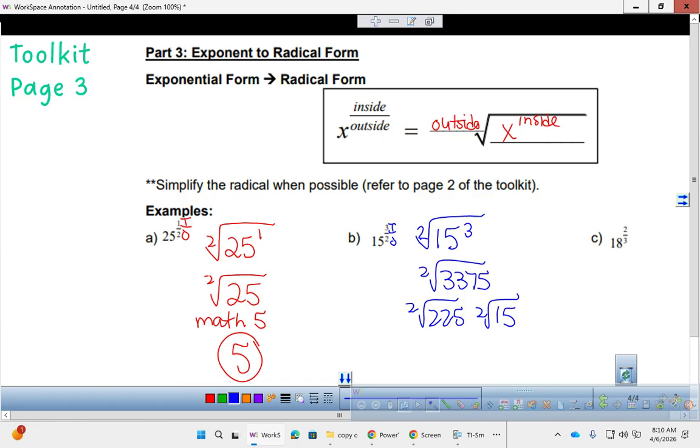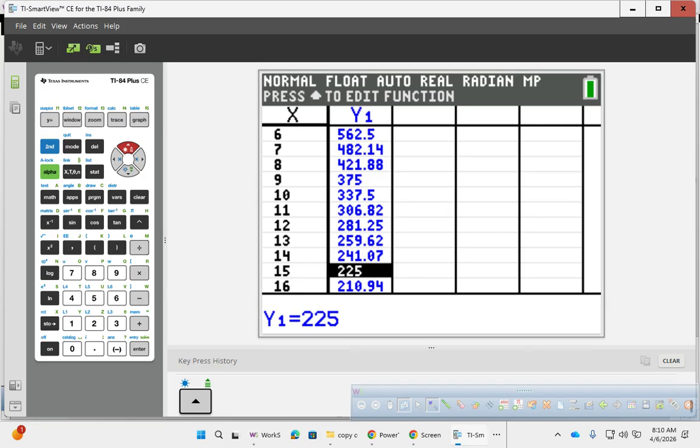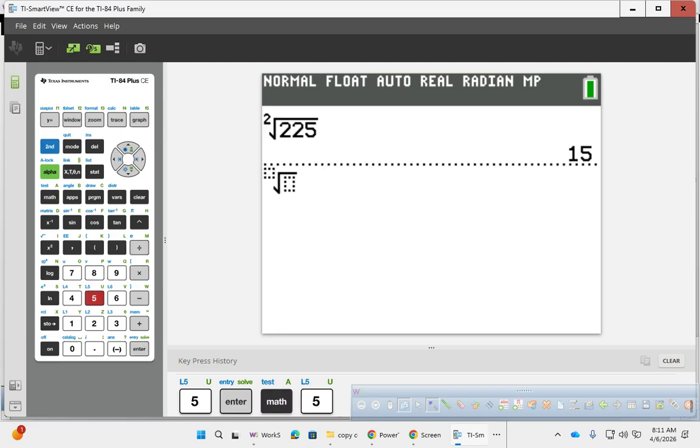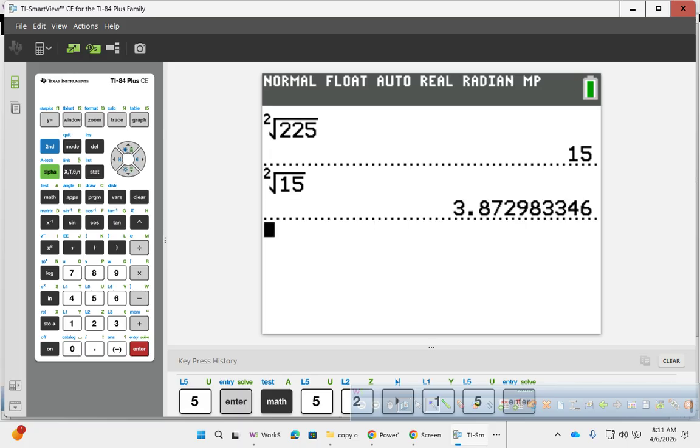Right? We y equaled, we split it up. And then I'm going to type each of these into math 5. 225 and 15. You can see one works out nicely and one doesn't.